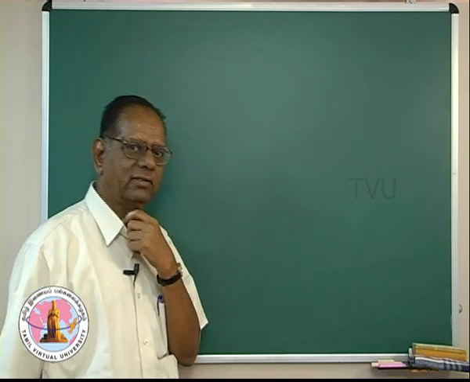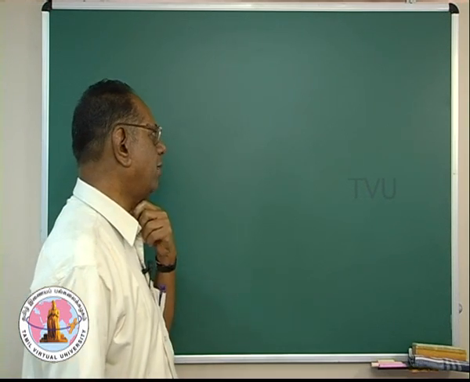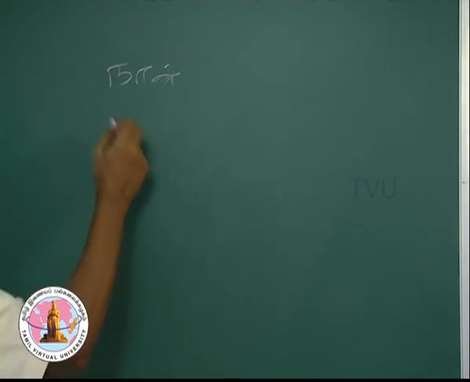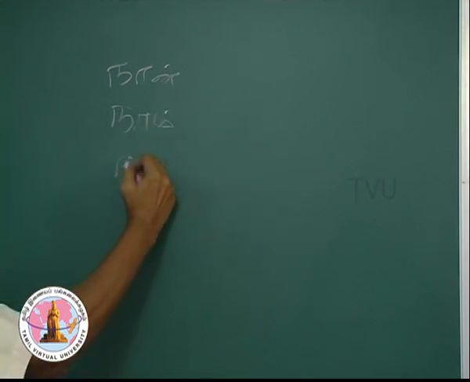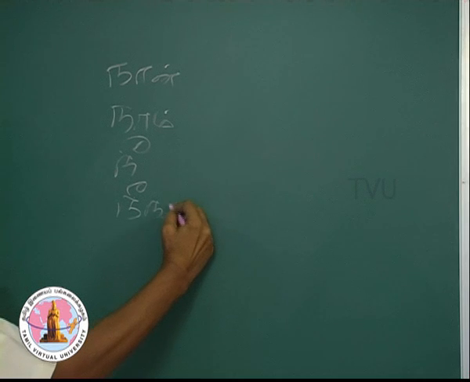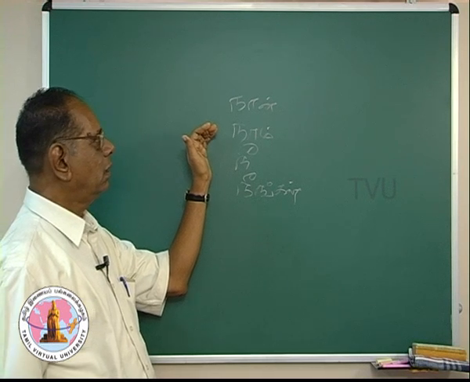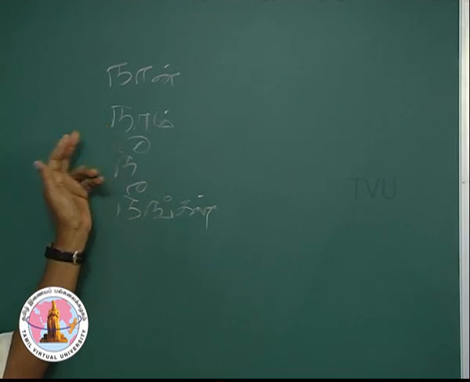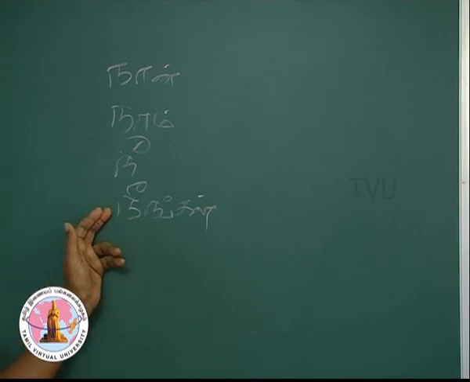In the last class, we were discussing the person, singular and plural, first person, second person, etc. நான், first person singular; நாம், first person plural; நீ, second person singular; நீங்கள், second person plural.